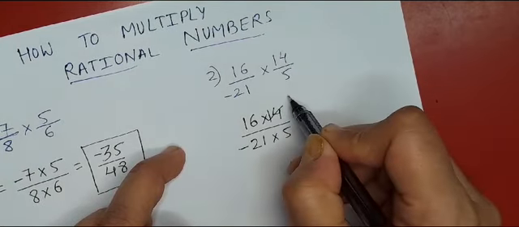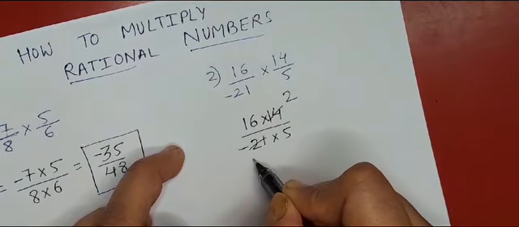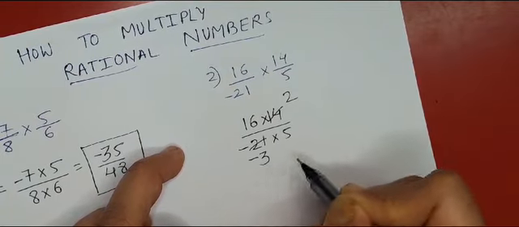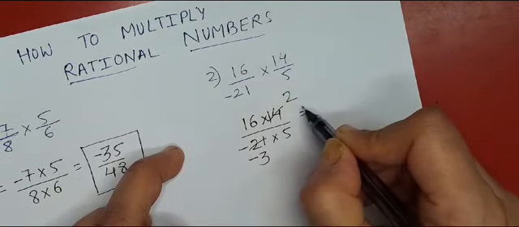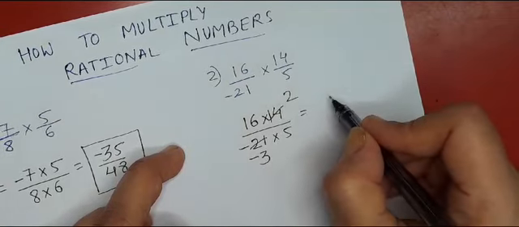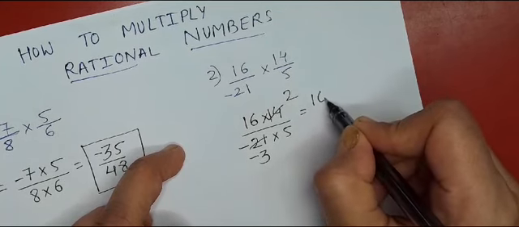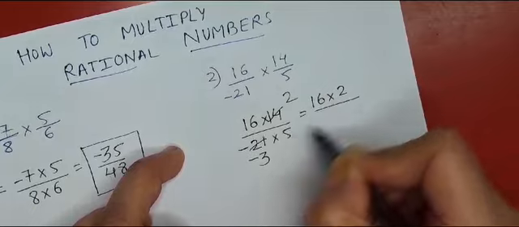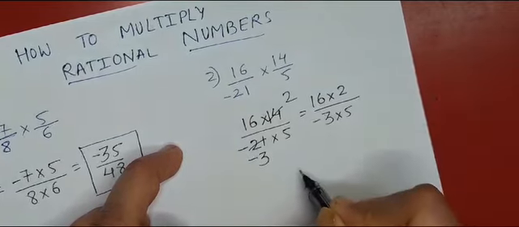So 7 times 2 is 14 and 7 times 3 is 21. So here we are left with 16 times 2 in the numerator and negative 3 times 5 in the denominator.